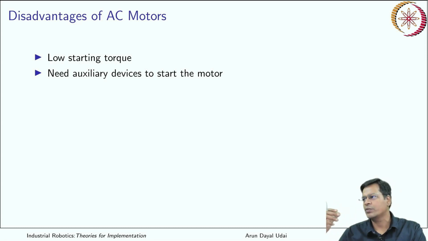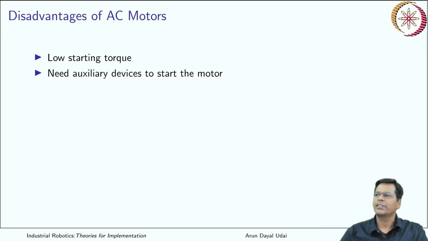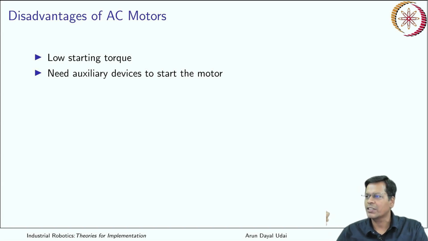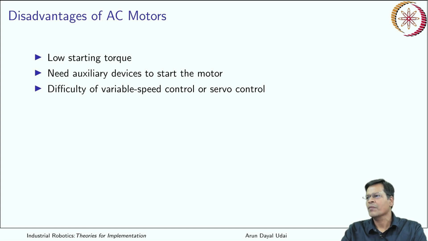Sometimes you have a coil so it starts like an induction motor, like your fan, and then it becomes a synchronous motor or any kind of AC motor. There are also devices like star delta starter systems, and many other similar approaches. So it needs an auxiliary device to start the motor.